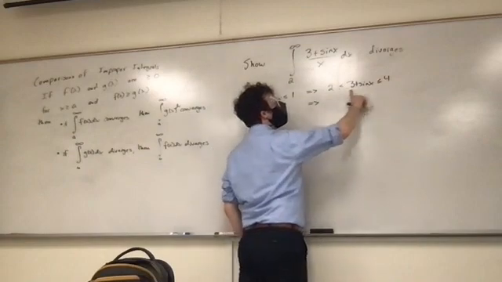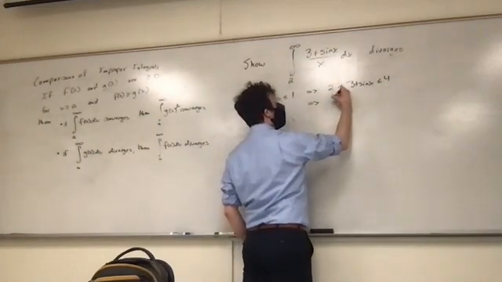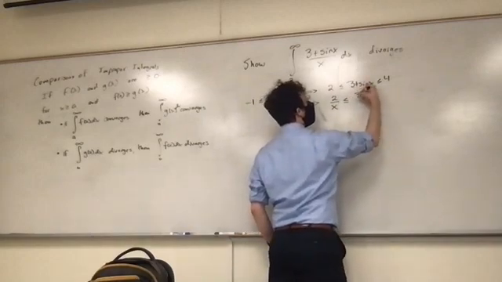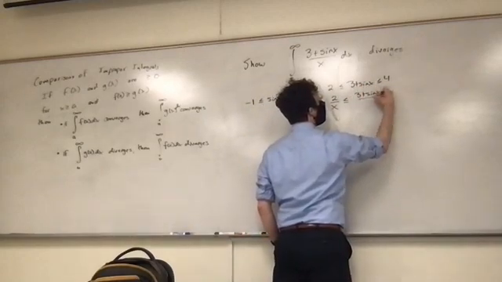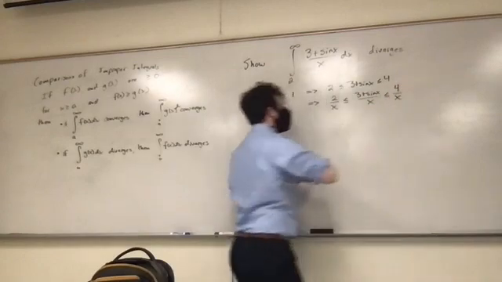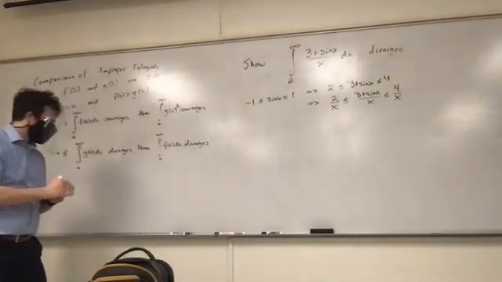And then divide all 3 parts of this by x. So 2 over x is less than or equal to (3 plus sine x) over x, which is less than or equal to 4 over x.